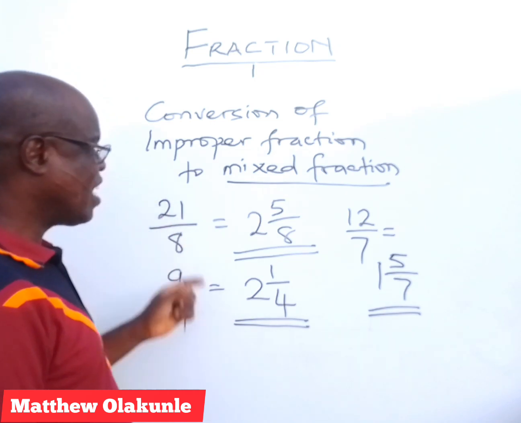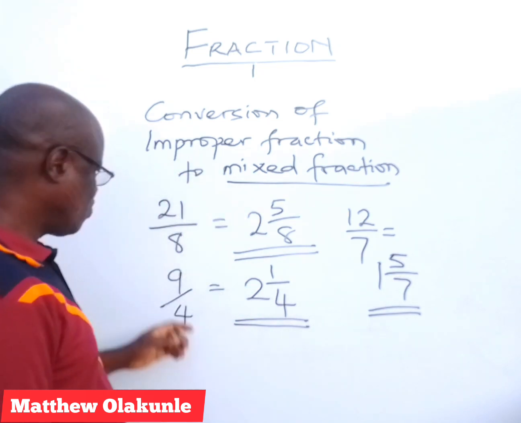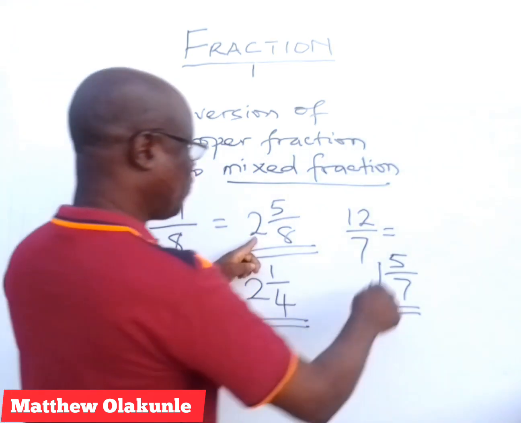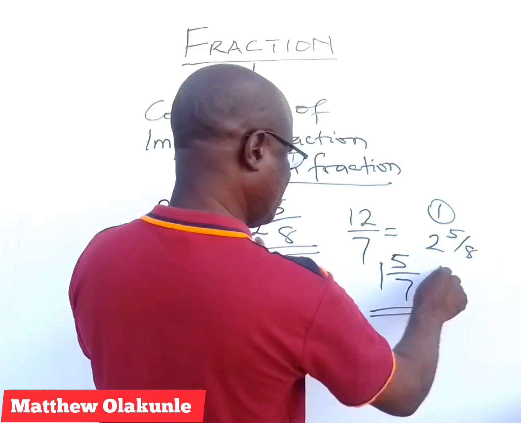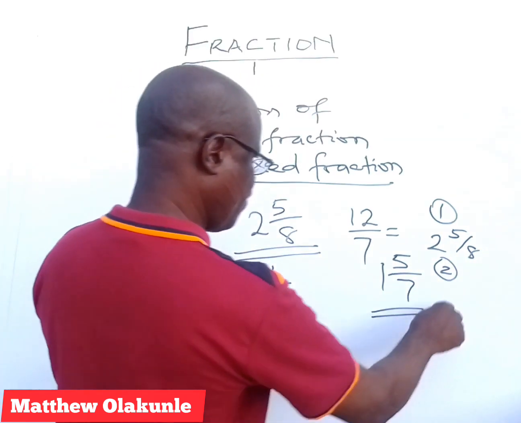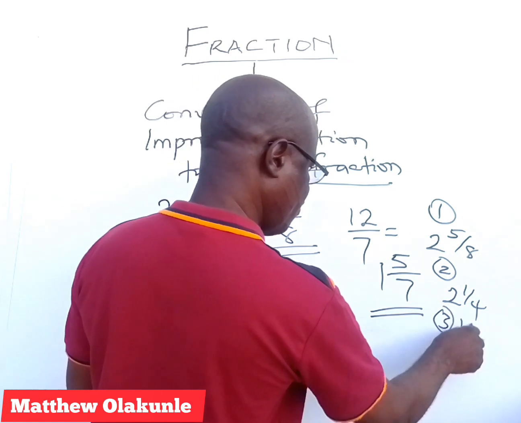So let's now see how we can convert back to an improper fraction. Let's note these down. The first one, we have 2, 5 over 8. The second one, 2, 1 over 4. The third one, 1, 5 over 7.